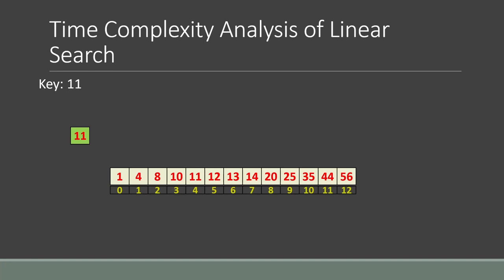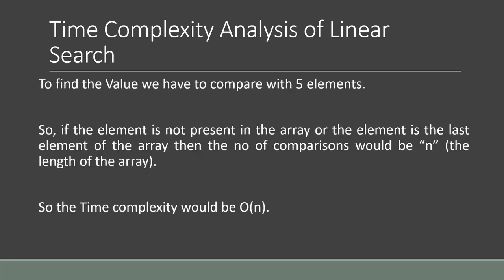If there does not exist any value which is the same as the element to be searched, then we have to start from the 0th position and go till the n minus 1 position, comparing with every value, which will result in the same number of comparisons as the total number of elements. So that's why it is represented as order of n.